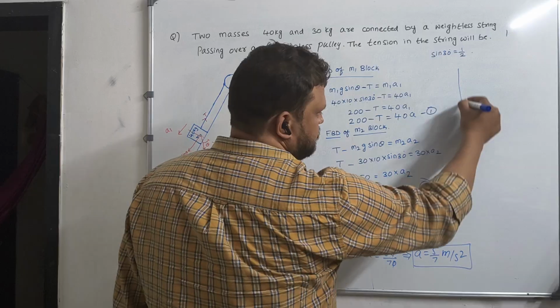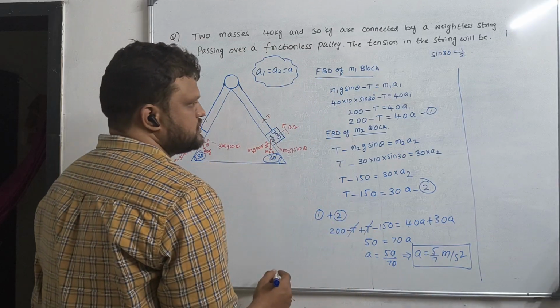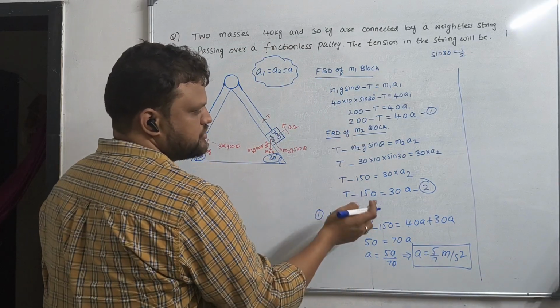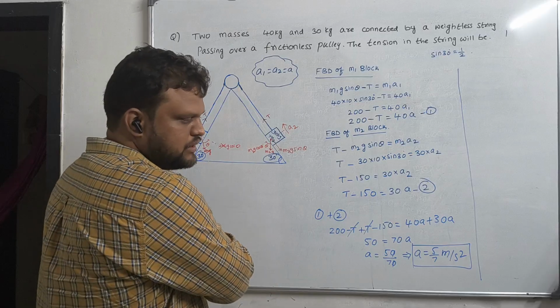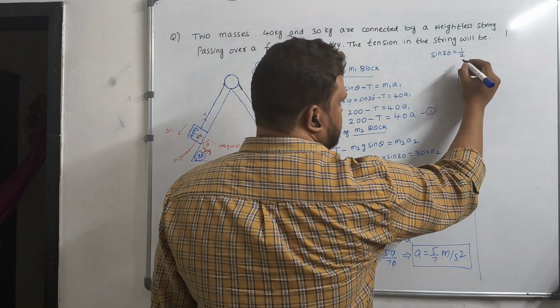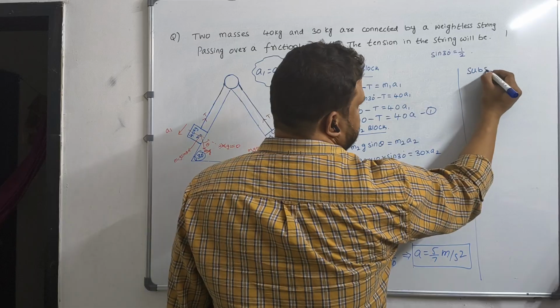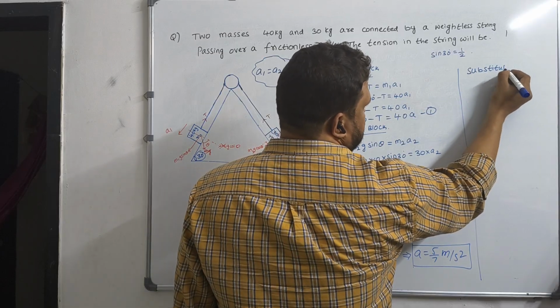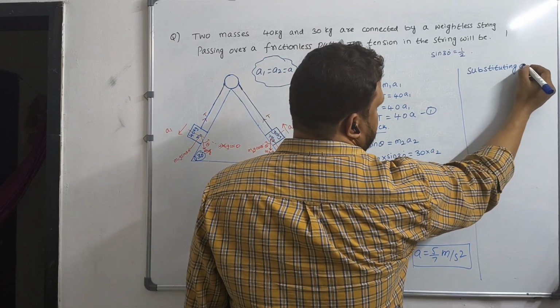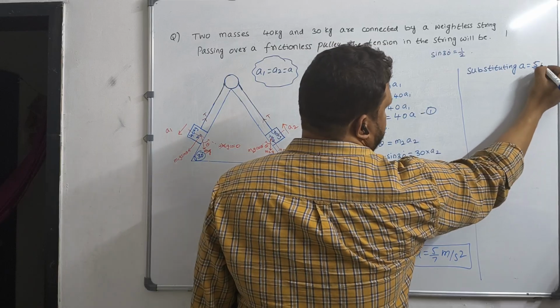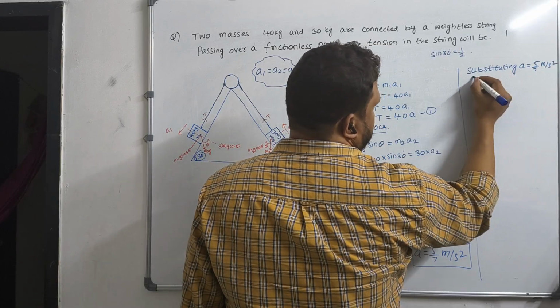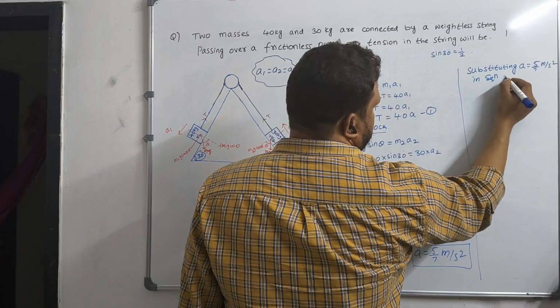But the problem is not finished yet, we need to find the tension. So what is the tension? We can substitute into the first or second equation to get the tension value. I am substituting A equals 5 by 7 meter per second square in equation 2.